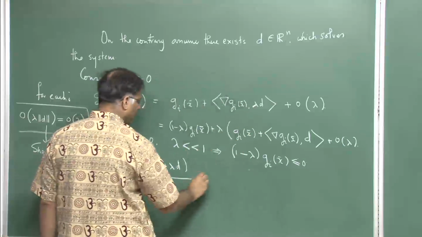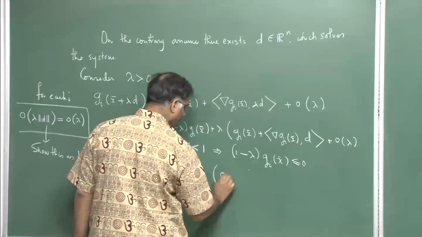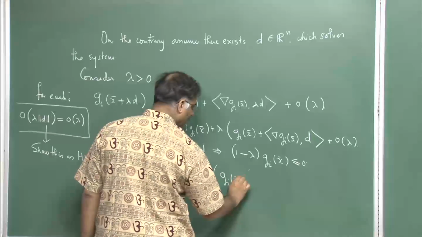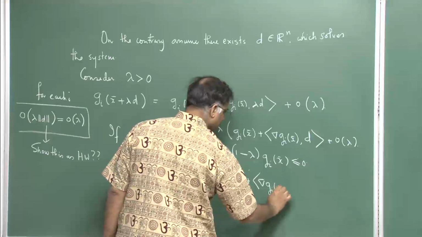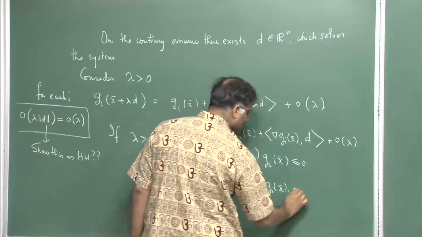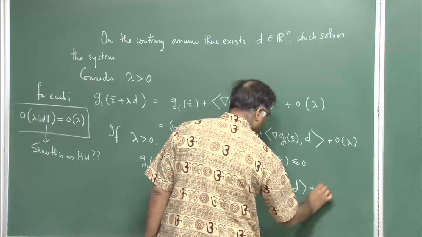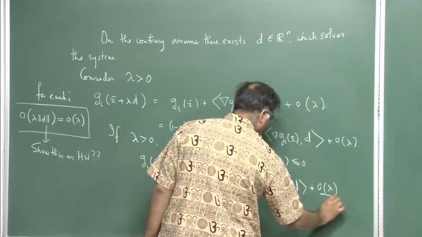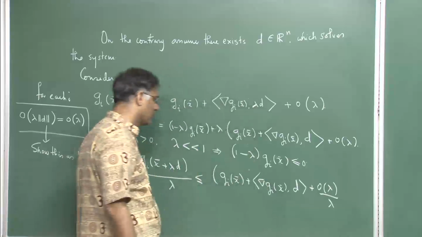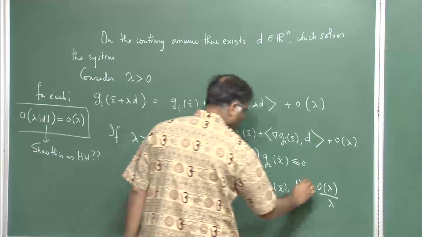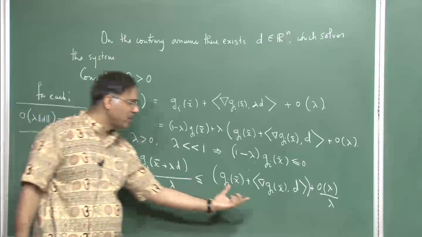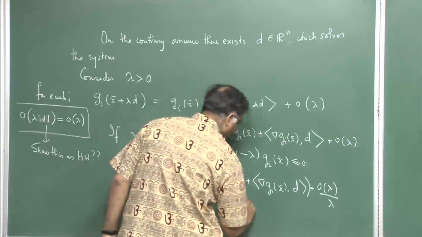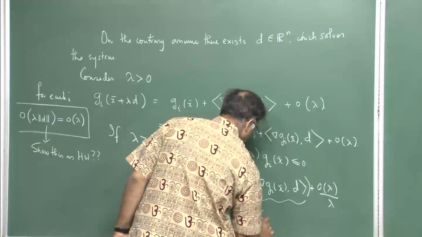So I can now divide by lambda to write the following. Now, because d is a solution to the system, this part is strictly less than 0, this whole part is strictly less than 0.